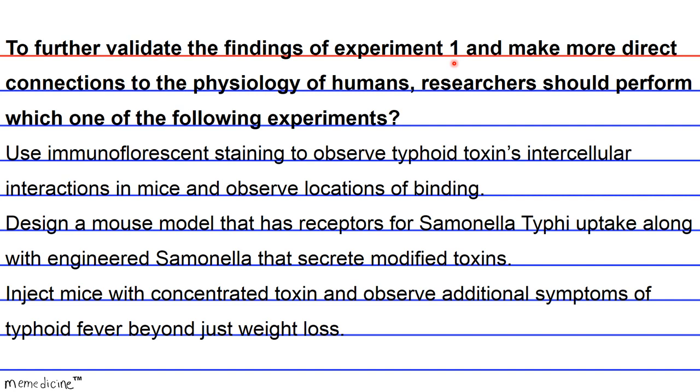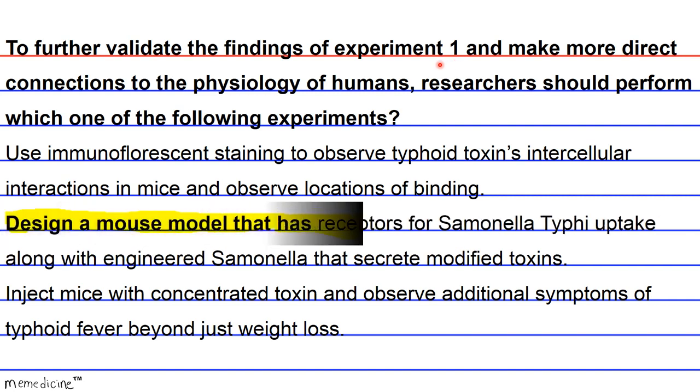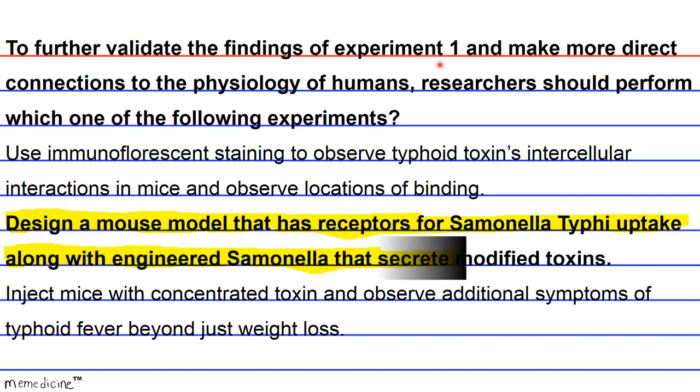So the best solution basically is to study typhoid toxicity in humans using an analogous mouse model. And in actuality, in 2012, a mouse model was developed that has human-like receptors so that mice would produce the toxin endogenously, okay? So the correct answer choice is answer choice B.